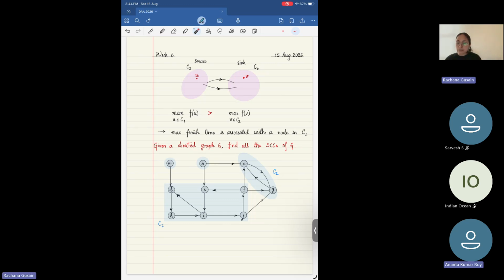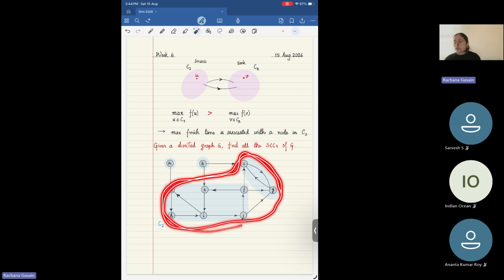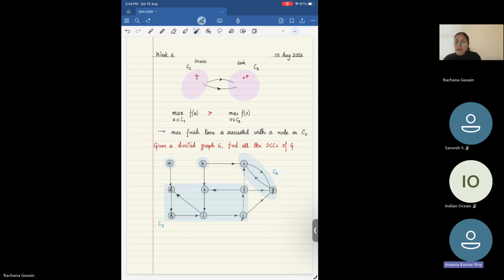Clear? Even if one edge was in the reverse direction from C2 to C1, then C2 alone would be strongly connected, but not a strongly connected component. I would have to merge these two and say that together they form a strongly connected component. Okay, ma'am, it is clear.